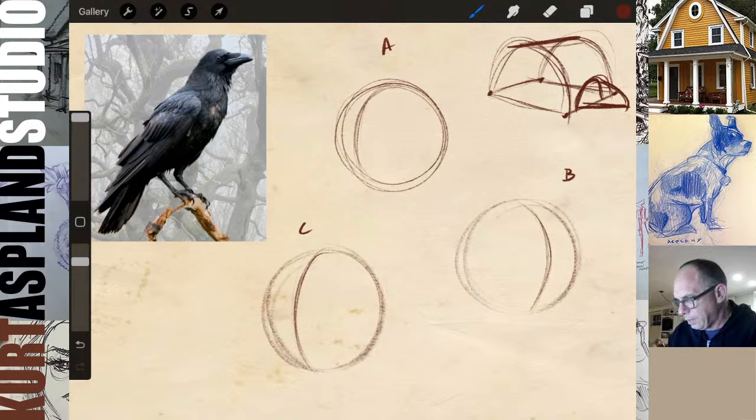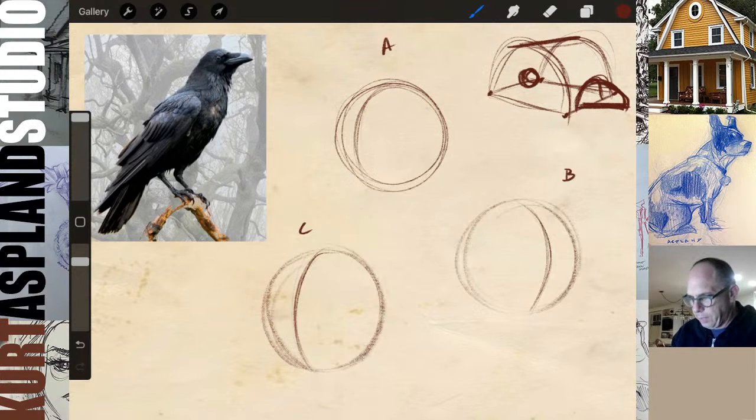And this is kind of the general shape of a bird's head. And then the eye is going to be over here, okay? That's a general shape of a bird's head, okay?